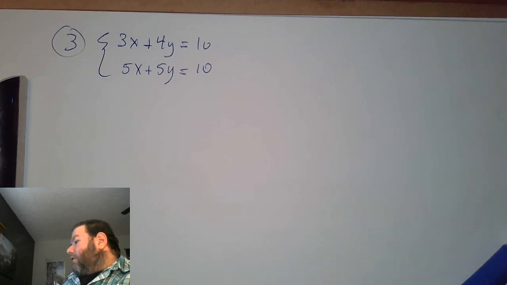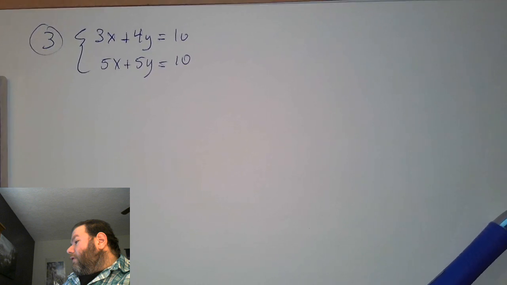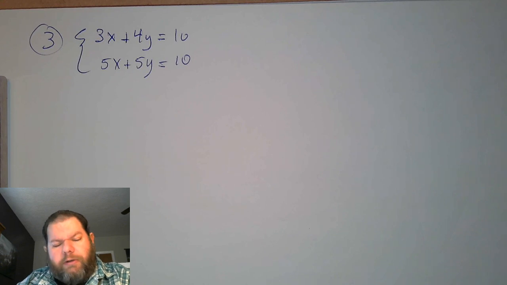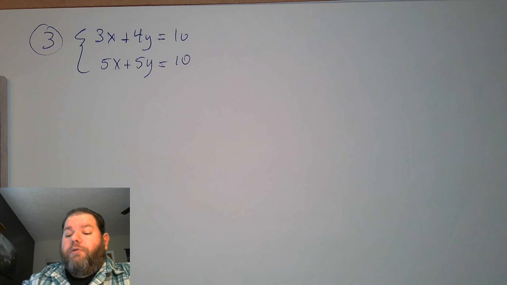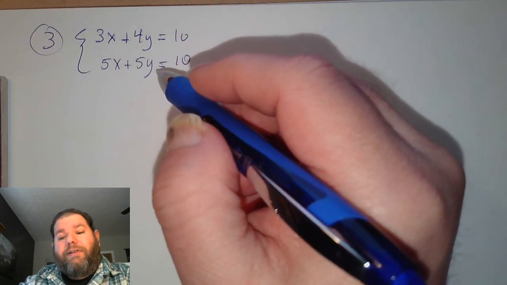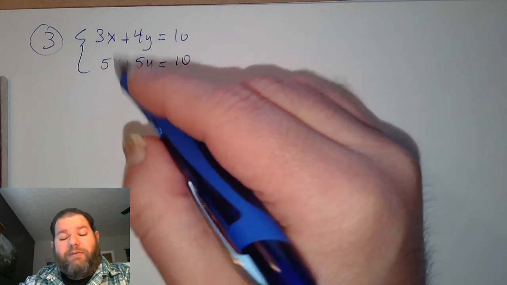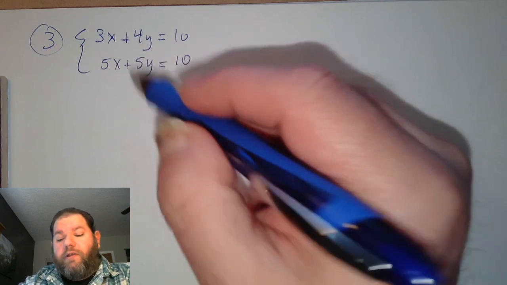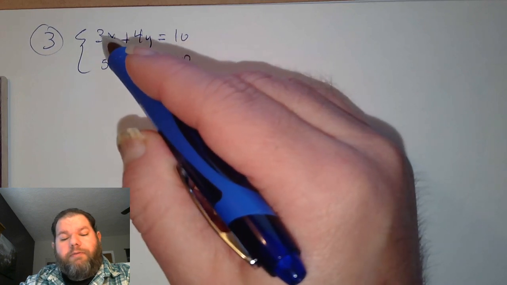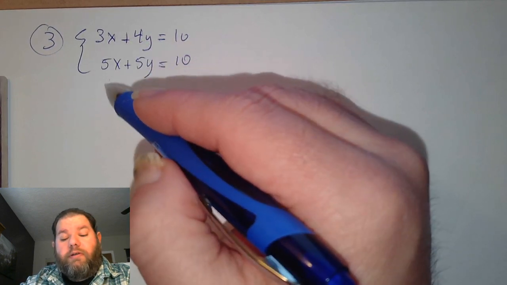It is a solution of a system of equations. We talked about this particular type of problem briefly, but we looked at either the x's or the y's, and we want to get it to where we can cancel out one of them. Let's just use the x's. Now, if we want to cancel out the x's, what is a common multiple of 3 and 5 that we can use?